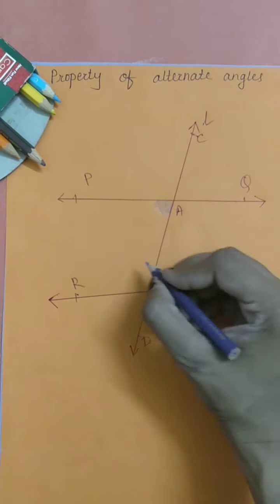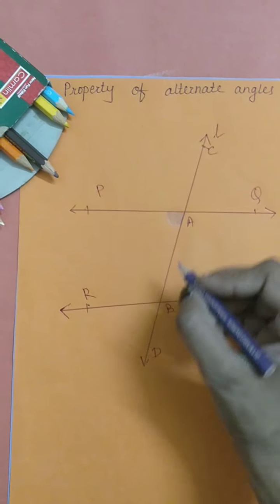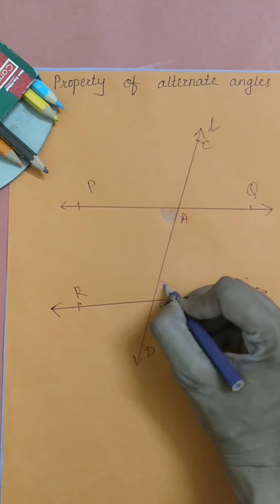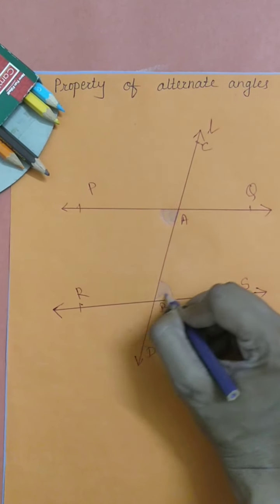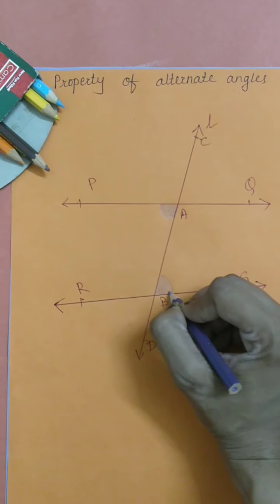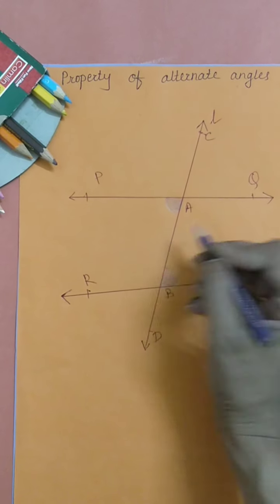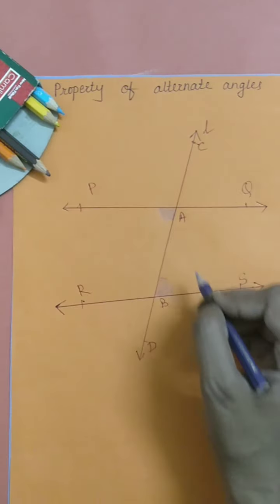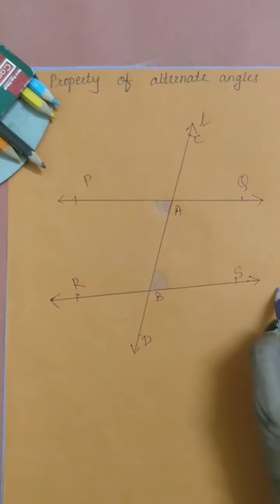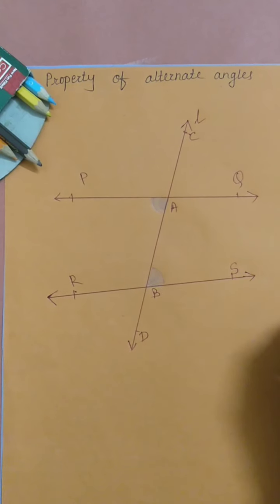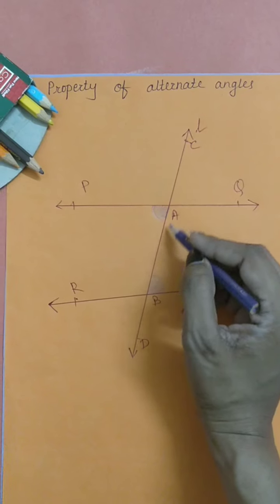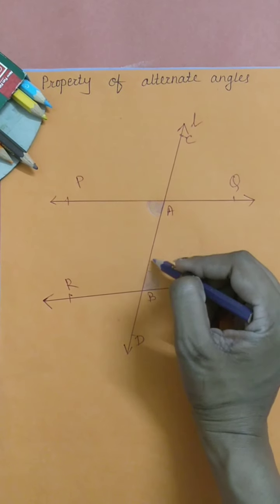So this angle and its alternate interior angle will be this, because they are on the opposite side of the transversal. Their one arm is on the transversal and the other in opposite direction. If one is going in this direction, the other arm of this is going in opposite direction to this. And even the arms which are on the transversal are also in opposite directions to each other.